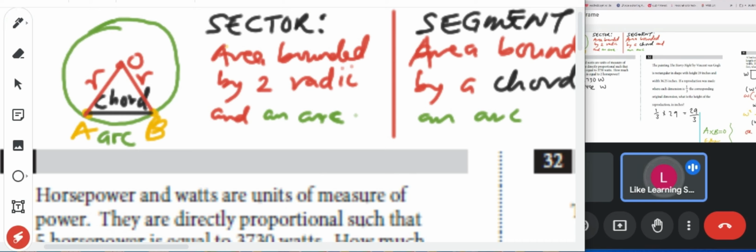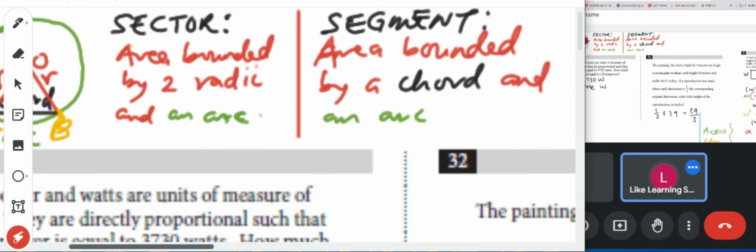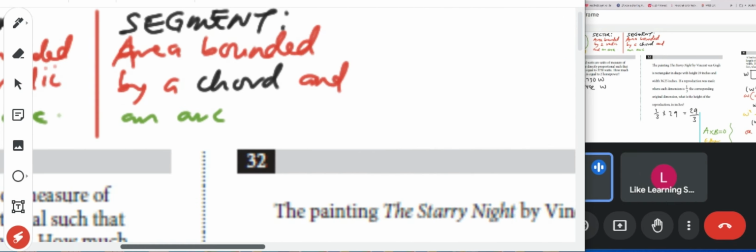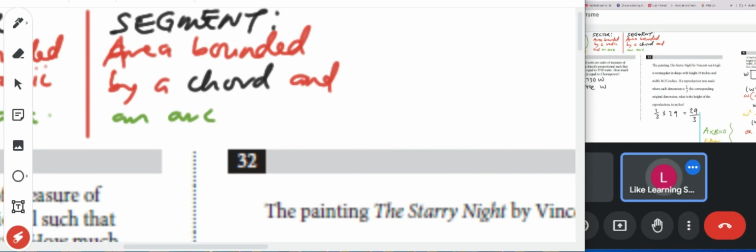So this region is a segment because the boundaries are the black chord and an arc. So you have minor segment, the smaller one, and major segment, the bigger one. Yes, sir. Beautiful. So you need to understand that.